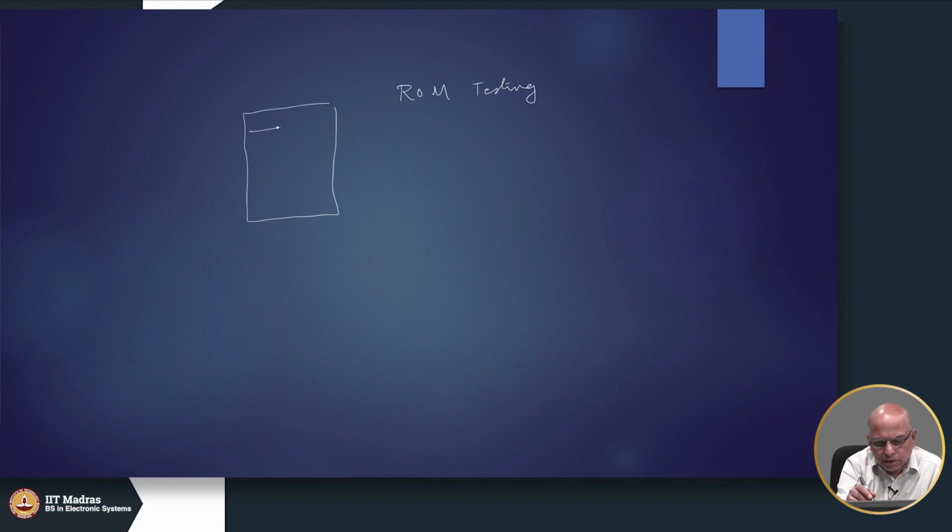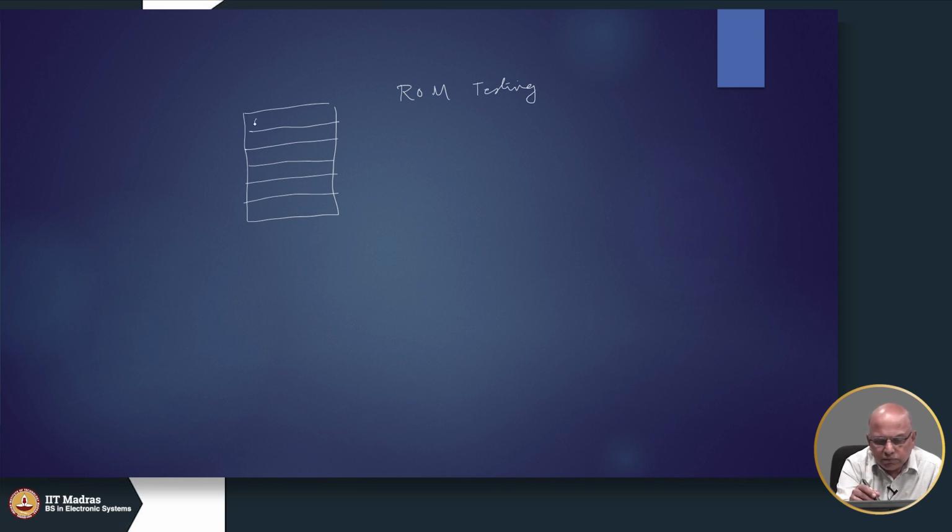I may have mentioned to you about ROM testing or testing of these non-volatile memories. So, in a ROM, the information does not change, it is programmed once and for all at the manufacturer's fab or the factory.